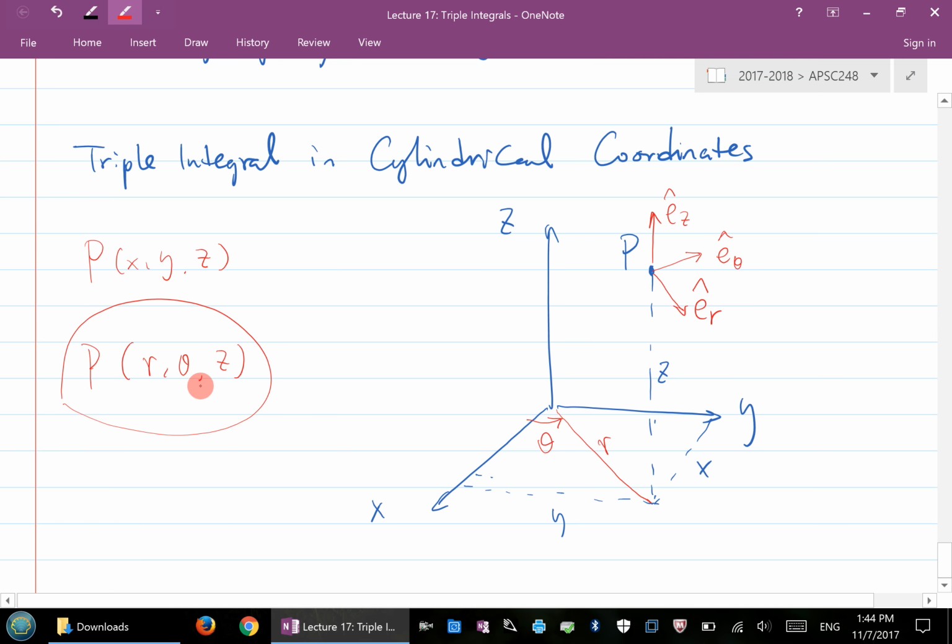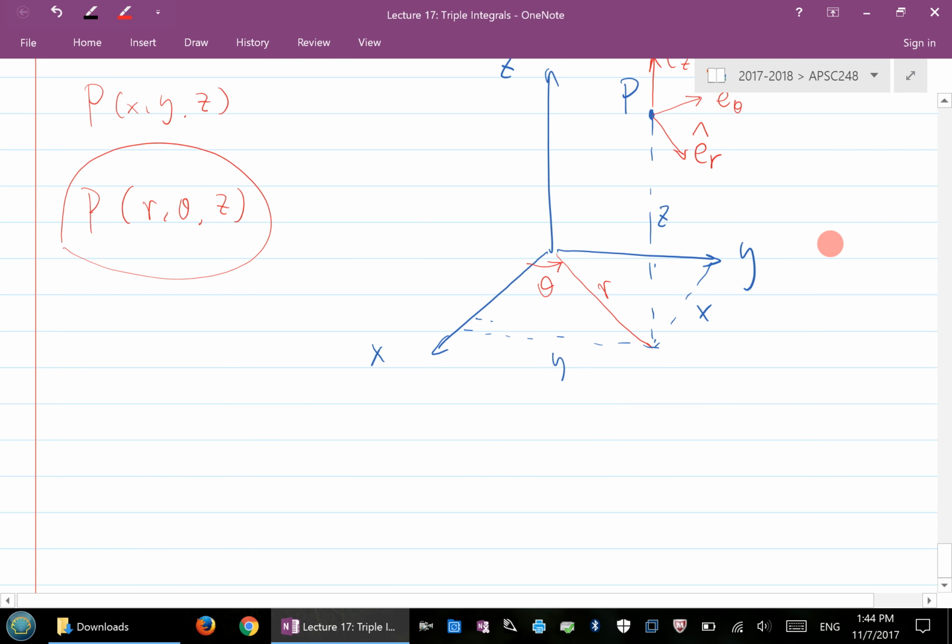This is actually what we covered in the previous lecture. It's called what? A change of variables, right? It's just a very special variable change.